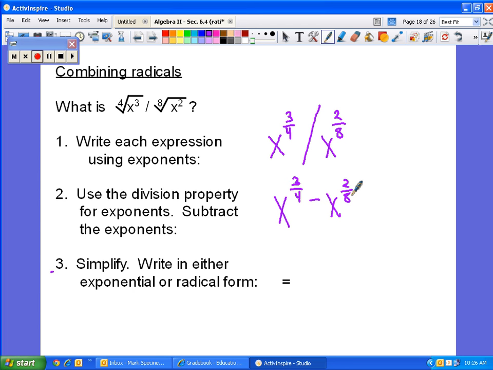what do I get when I subtract 2/8 from 3/4? Okay, how do you subtract one fraction from another fraction? What do you need to have to subtract two fractions, Brittany?